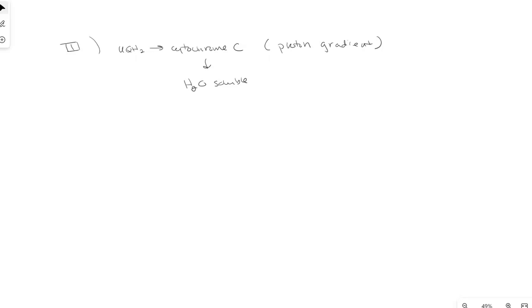So, in the same way that ubiquinone took electrons from complexes 1 and 2 to complex 3, cytochrome C coordinates and facilitates the mobility of electrons from complex 3 to complex 4.